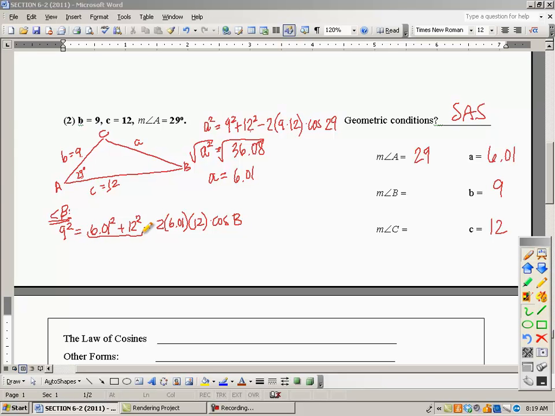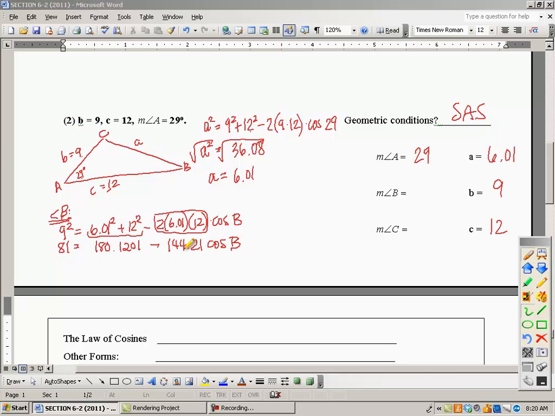I'm going to add these two together first. 9 squared is 81, and if I add 6.01 squared plus 12 squared, I get 180.1201 minus, now I'm going to multiply these three together to get 144.21 cosine of B. The biggest mistake that people make is they then subtract these two numbers, and you can't.